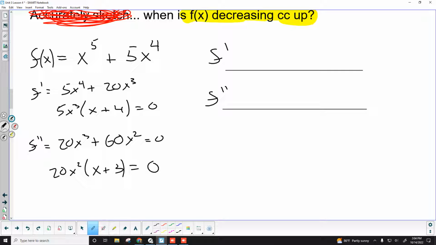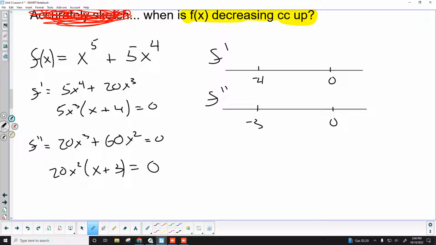So if your numbers are lined up nicely, you can see, okay, for this interval, these are my signs. For this interval, these are my signs. Otherwise it's tough to see. I saw this for a bunch of people: people putting -4 and 0, great, but then people putting -3 and 0 on the same spot.